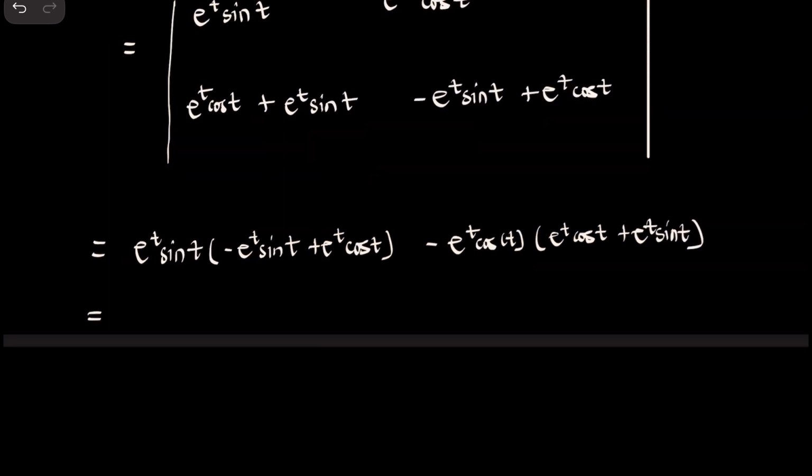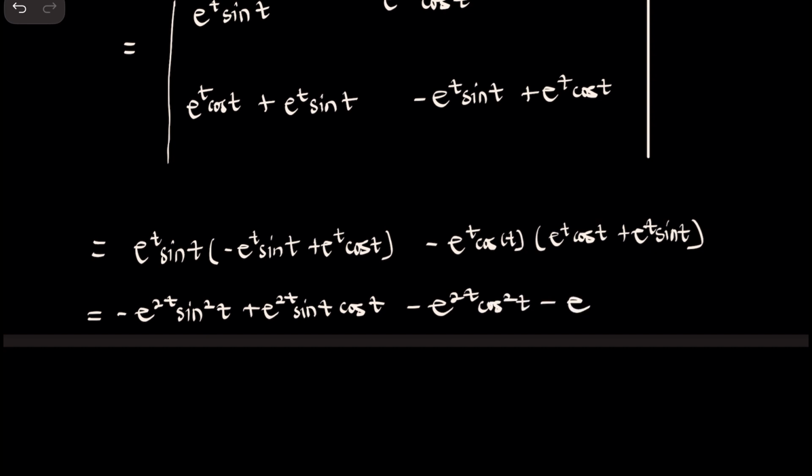Simplifying this, we have minus e^t sine squared of t plus e^t sine of t cosine of t minus e^t cosine squared of t minus e^t sine of t cosine of t.